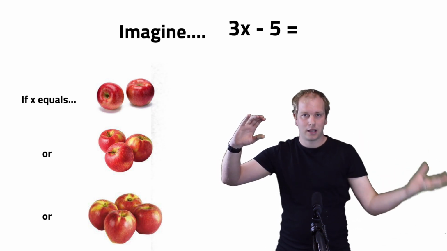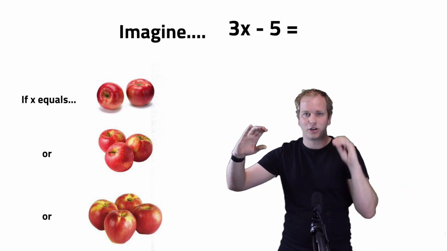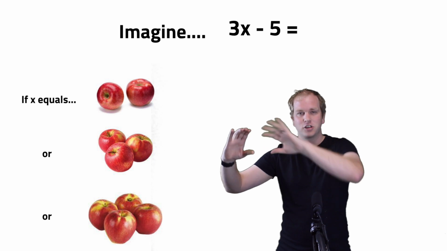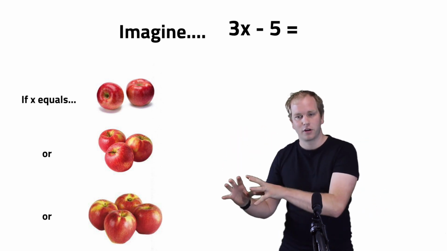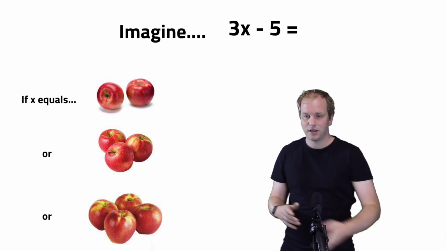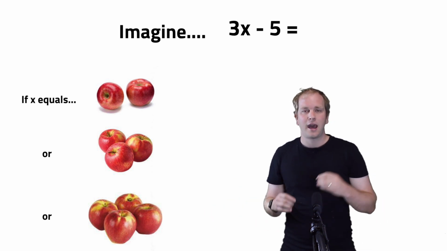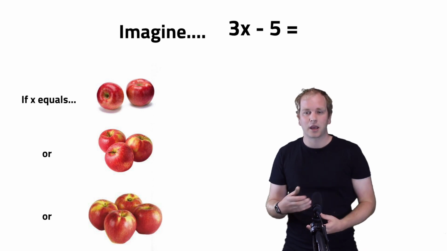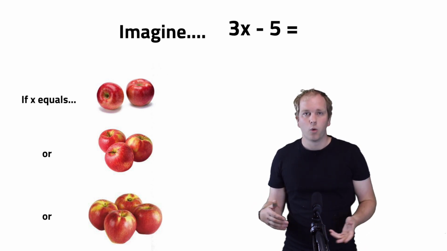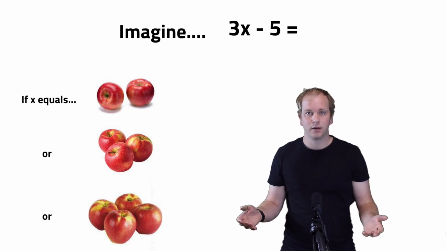Now imagine again, and I love that word imagine. Use it wherever you can. Imagine I subtract 5 from that 9. How many apples do I have left? I've got 4. And then you can continue with 4 apples. And once they've done that visualization, that's when you can start expanding it and saying, what if x was 100?